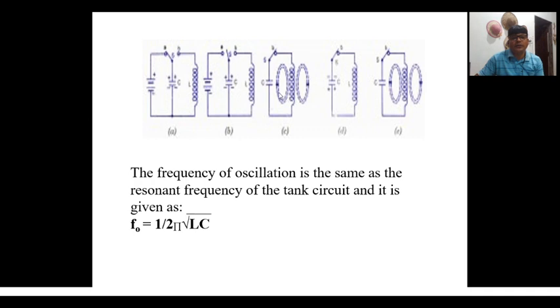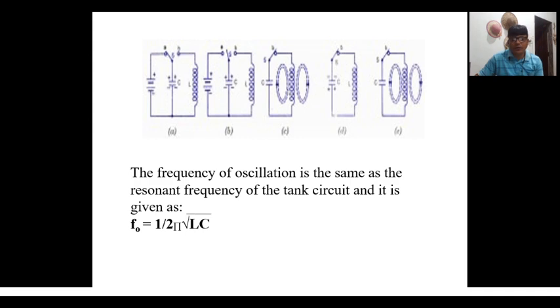Suppose this is positive, the current will flow in this direction. The current sets up a magnetic field around the coil.